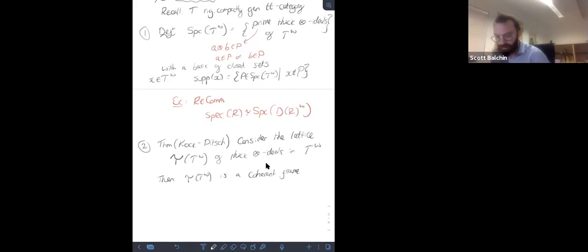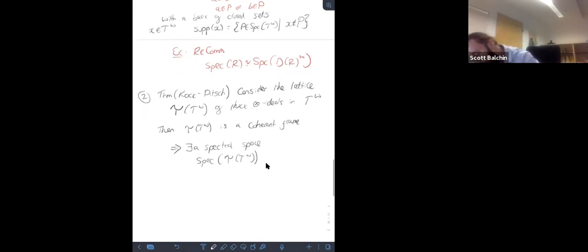If you're not rigidly compactly generated, you have to take instead the frame of radical things, but let's not worry about that today. So by what I've just said in a pointless excursion, this implies the existence of a space.